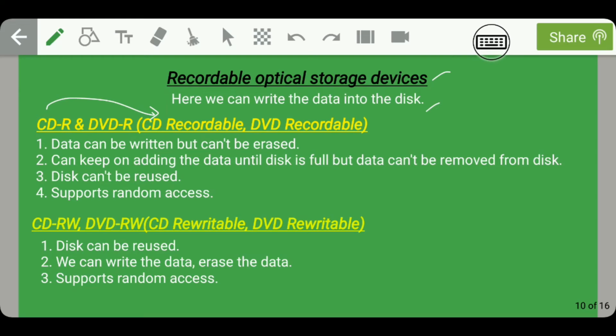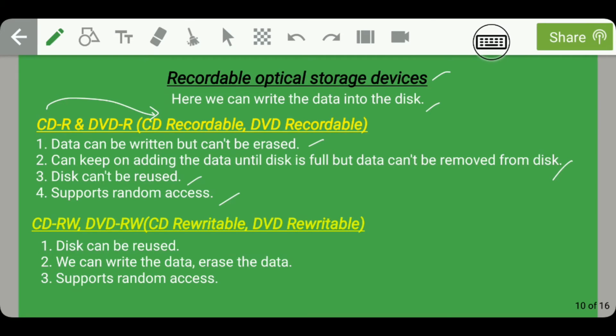So guys, some features of CD-R and DVD-R are that data can be written but can't be erased from these disks. That is, we can keep on adding the data until the disk is full, but data can't be removed from these disks. Therefore, we can say that these disks can't be reused. Moreover, these disks support random access.